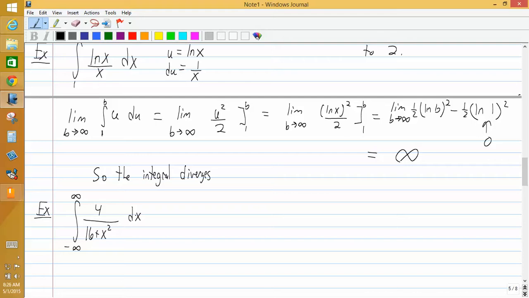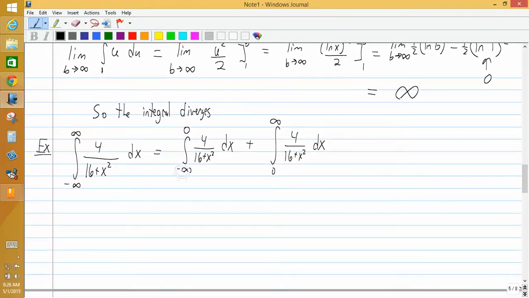You could choose pi over 2. I mean, you could choose different things. Pi over 2 is probably not the best, but you could still work it out. But I'm going to choose 0. So this is going to equal the integral from negative infinity to 0 of 4 over 16 plus x squared dx plus the integral from 0 to infinity of 4 over 16 plus x squared dx.